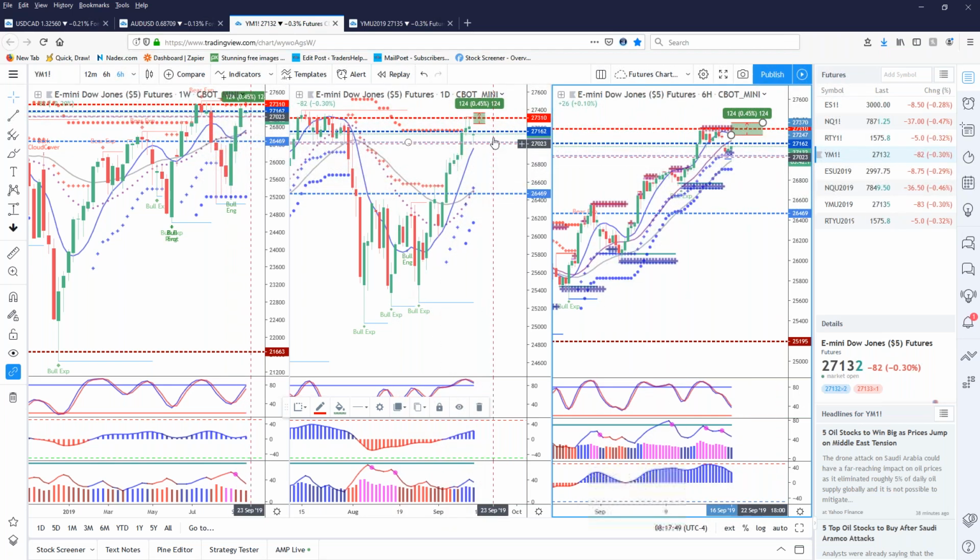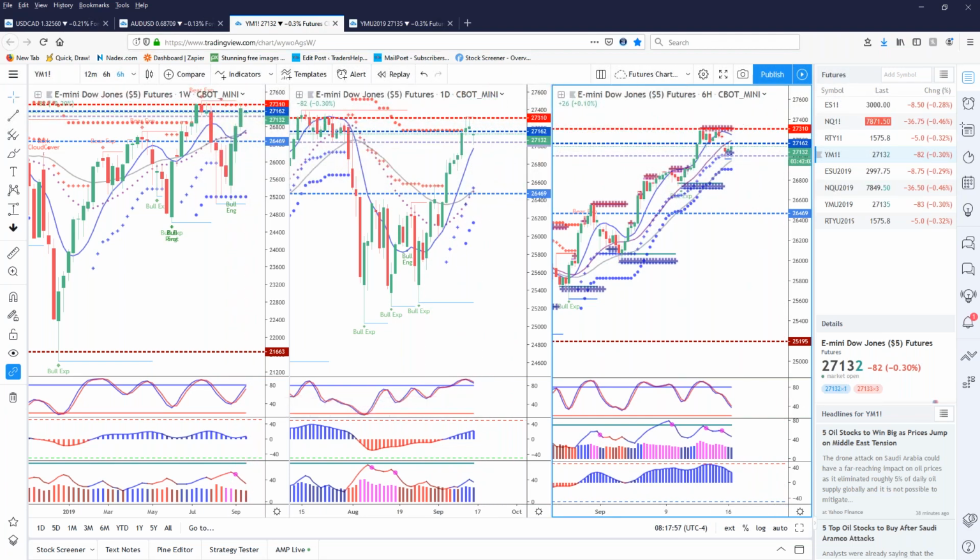You are starting to see a lot of overhead resistance here, okay? Now, it could be that they're just trying to hold it in that area because we have FOMC this week as well, and they're expecting them to cut the rates, but they want to see how much they're going to cut the rates, okay?